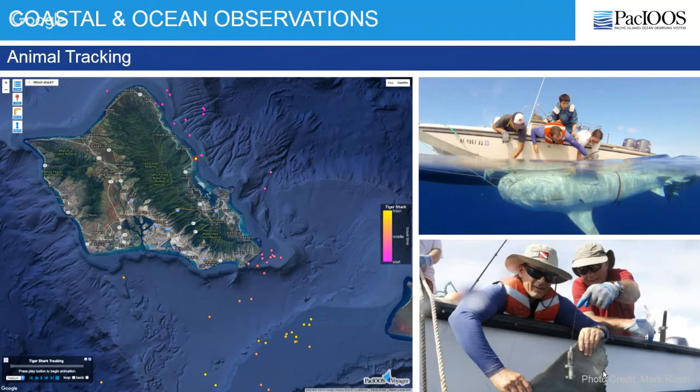So it's not that the sharks just love Maui or love to attack people in Maui. It's just that the habitat of the sharks overlaps with where a lot of people go in the water in Maui, and that's where the encounters happen.